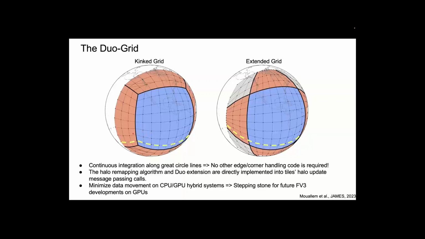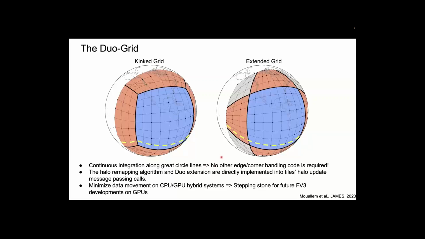It will take the data from the neighboring face, remap it along the extended grid, and then give it back to the algorithm. Using the extended grid and the combination of both grids, we can integrate without any interruption. We have written all these algorithms in the message passing calls, so other users and developers will not have to worry about this.